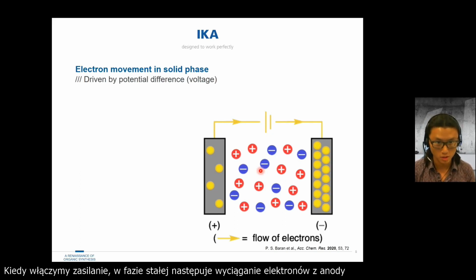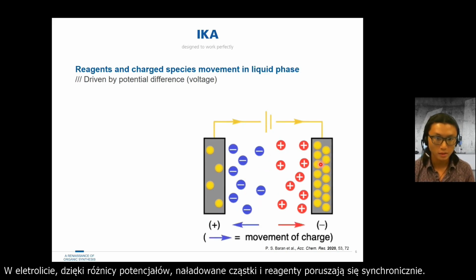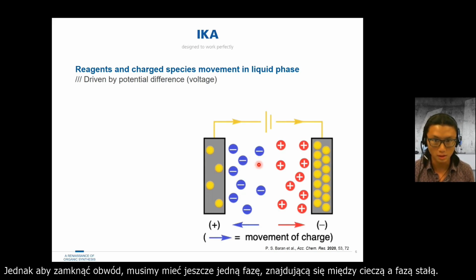Once we turn on the electricity, in the solid phase, we are pulling electrons away from the anode and pushing them to the cathode. This is how we establish the potential difference. And in the conductive solution, because of the potential difference, charged species and reagents move in the liquid phase accordingly. But in order to close the circuit, there is one missing part, which is between the liquid and solid phase.